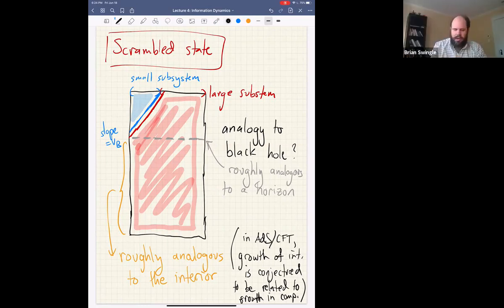Yeah, good question. I'll say a couple of things. I think it is still consistent with the entanglement wedge picture, because the idea would be like, in an old black hole formed by collapse, you look at a small subsystem, and its HRT surface stays outside and just hugs the horizon there, right? So then the HRT surface of the complement is the same thing. And by purity, it just includes all the interior as well, right?